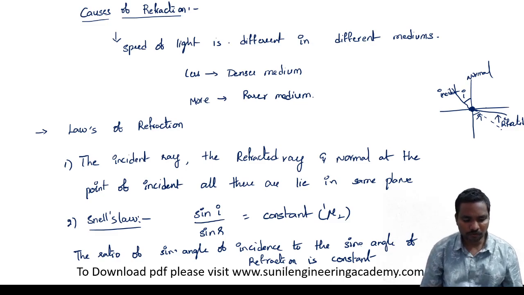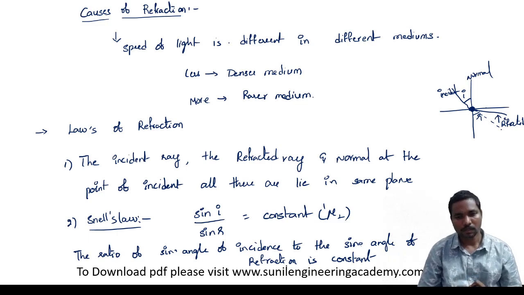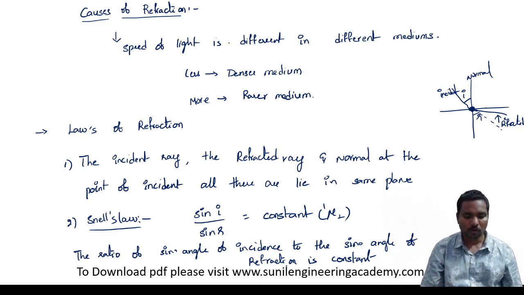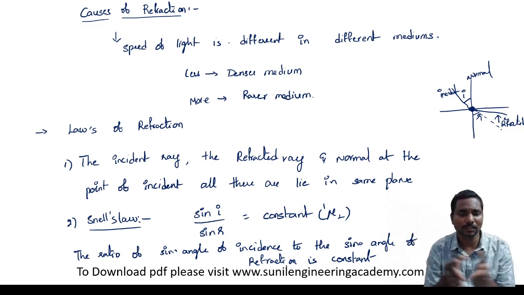Okay. So after this, we will discuss the total internal reflection principle, critical angle, applications of total internal reflection, and then atmospheric refraction. Okay, so we'll discuss all those in the next session. There is a very big topic, this light.